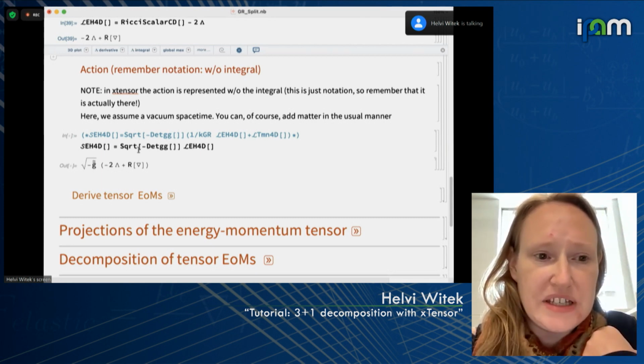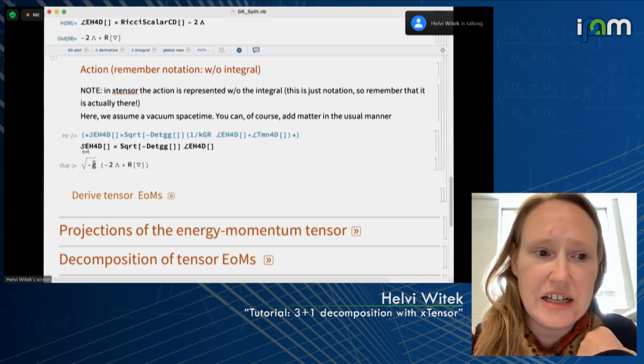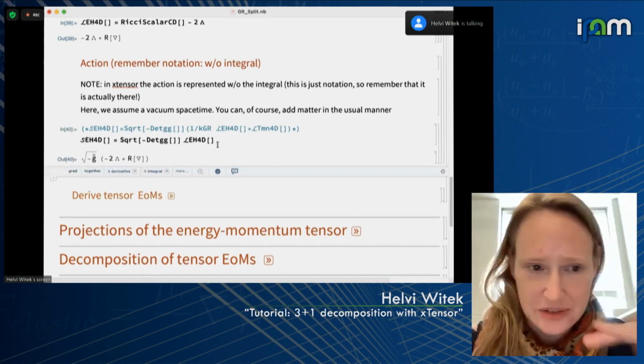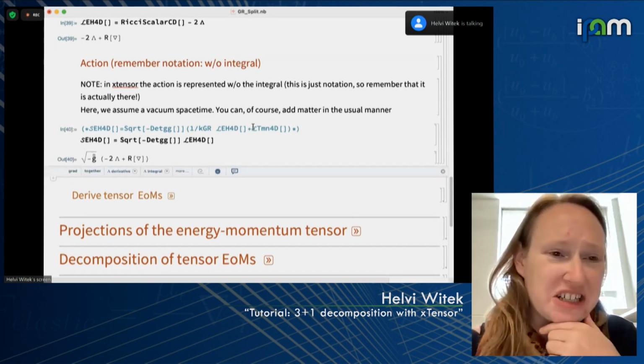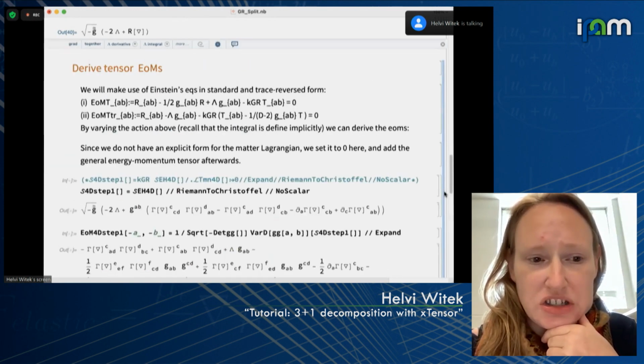The integral is not written, but it's implicit here. That's how I can define my action, as usual. This is what we are all familiar with from an introduction to general relativity, in a slightly different form. Okay, now that we have our action, let's derive our equations of motion.